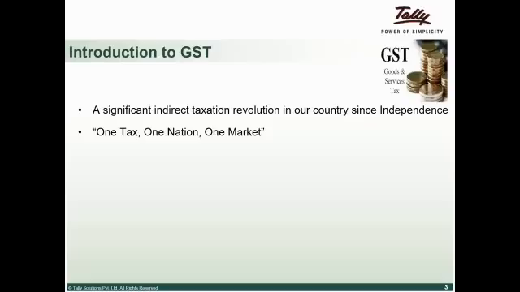The second one, again, we must have heard this tagline: one tax, one nation, one market, right? So one tax is, again, for goods and services, right? There is going to be one tax levied.